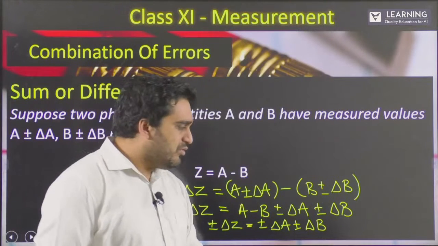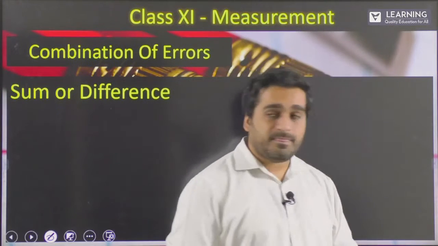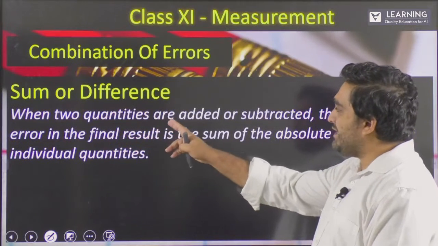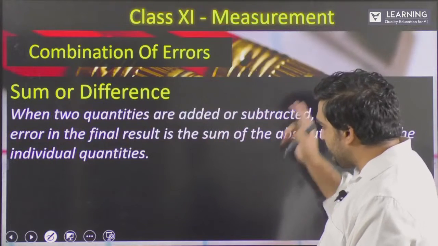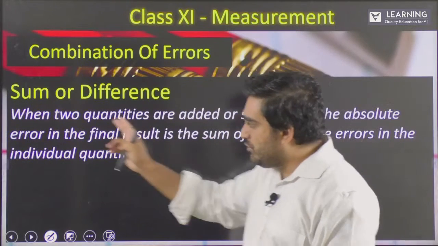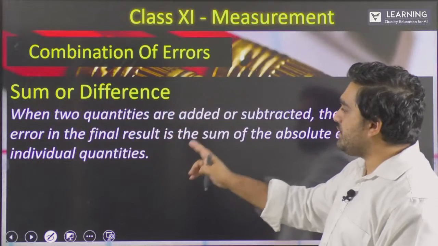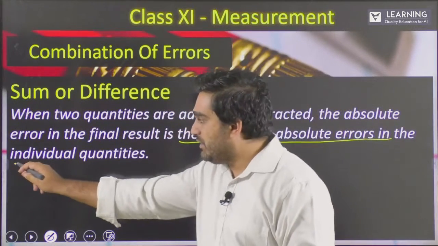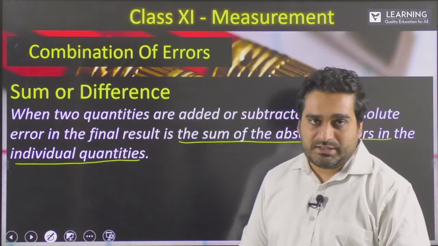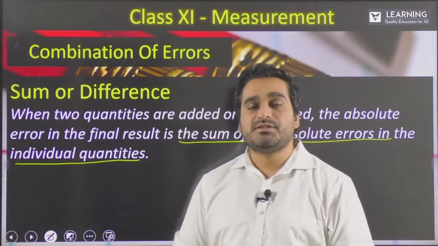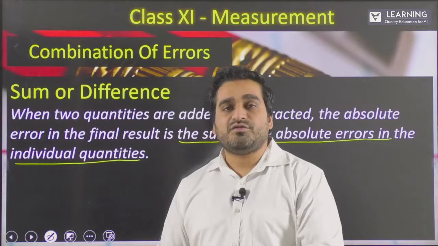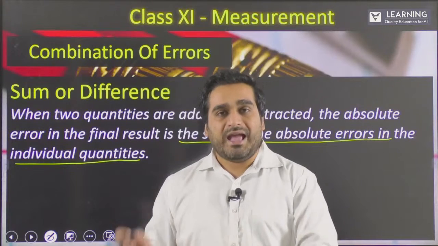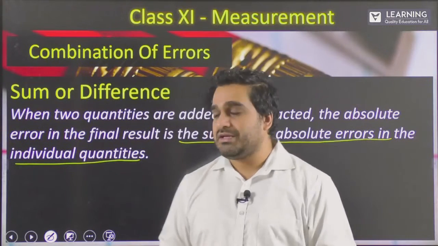So we can make a note of this statement, where when two physical quantities are added or subtracted, the absolute error in the final result is the sum of the absolute errors in the individual quantities. Just like what we observed for addition of two physical quantities and the difference in the two physical quantities, the errors summed up in both cases.